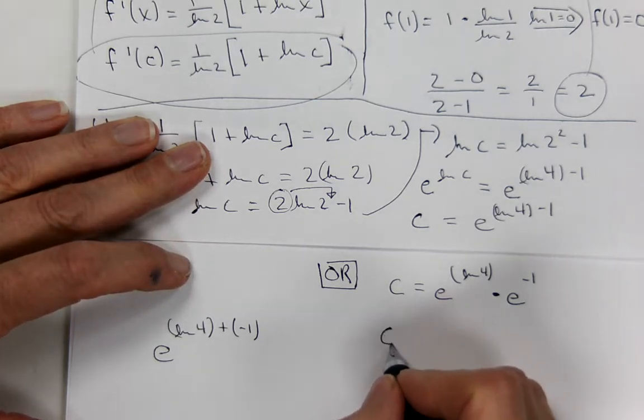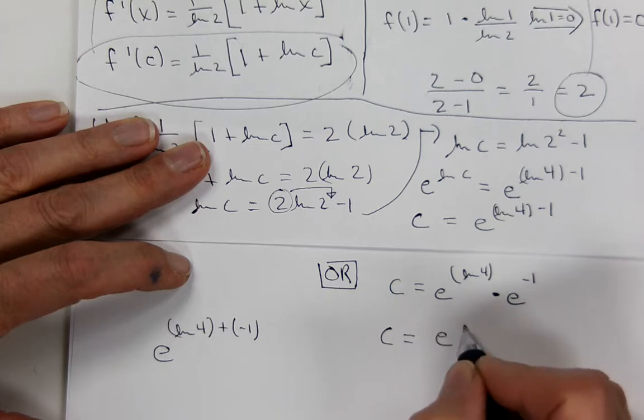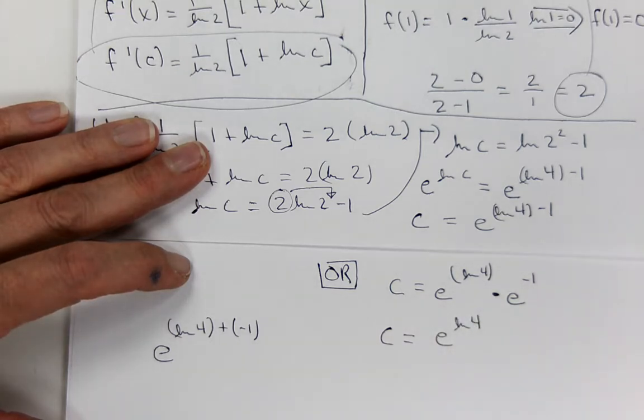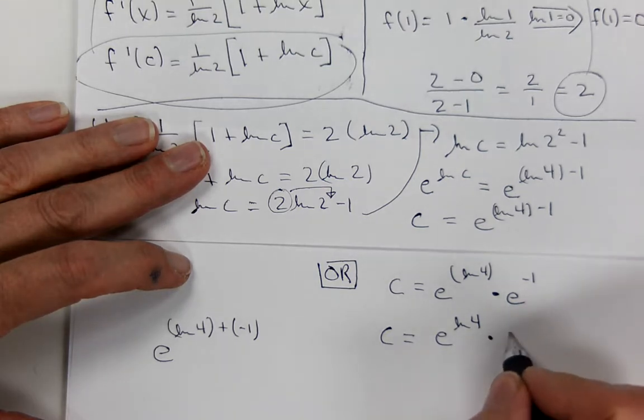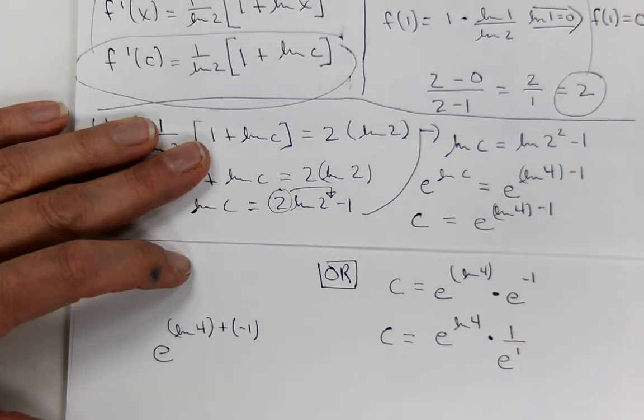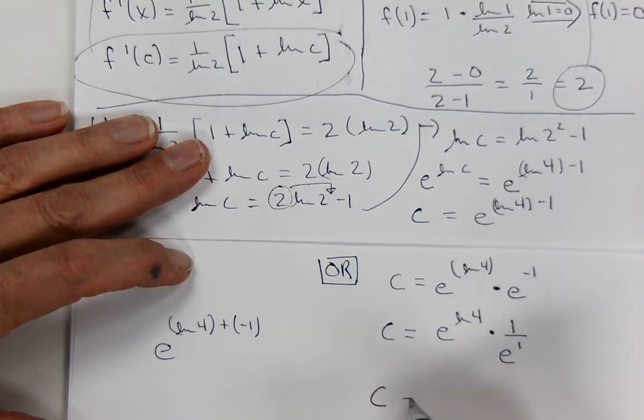And then I keep going. C is equal to e raised to the natural log 4 times 1 over e to the positive 1. Or c is equal to e raised to the natural log 4 over e to the 1.